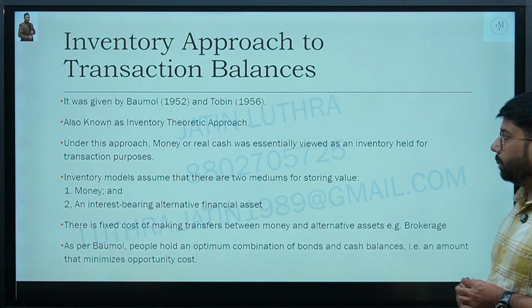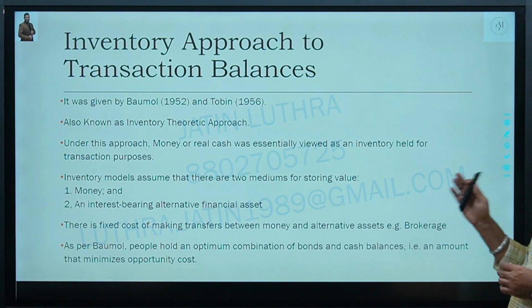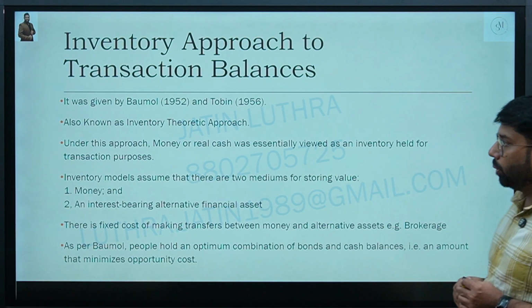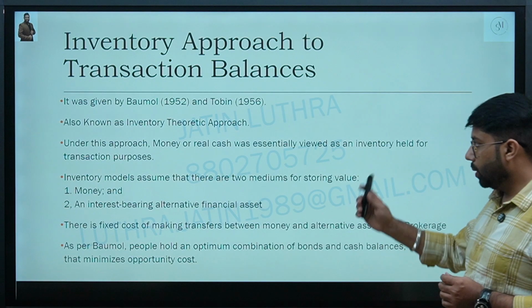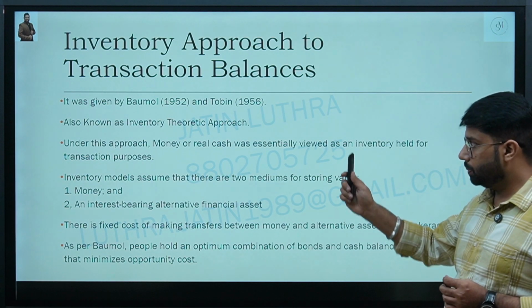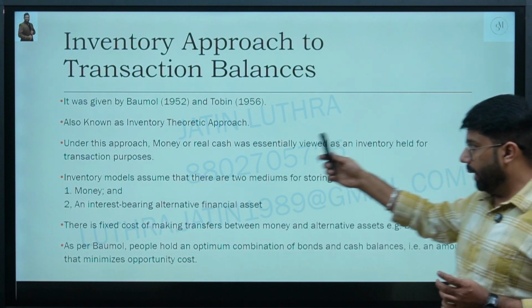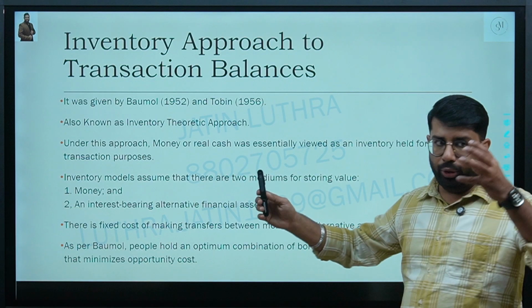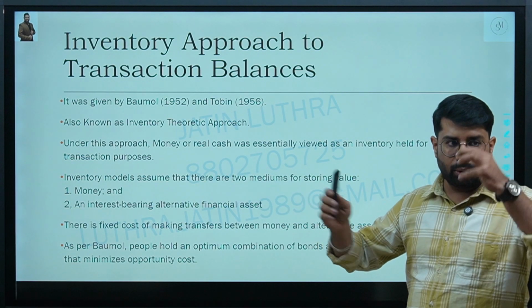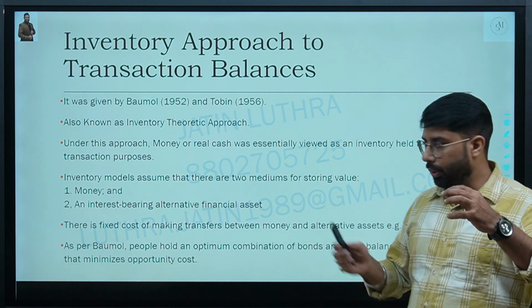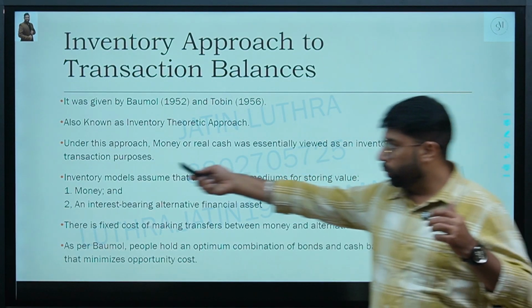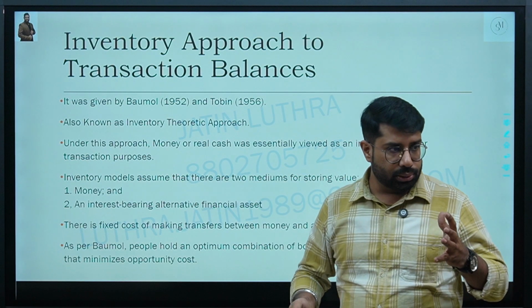Under this approach, money or real cash was essentially viewed as an inventory held for the transaction purpose. This approach says that the money or cash we hold, the main purpose of holding money is to do the transactions, right?